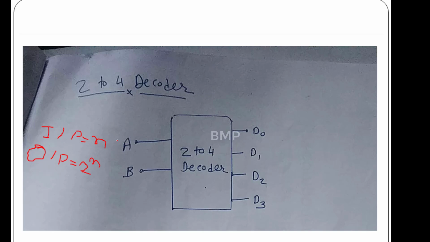So here our input lines are A and B, and the 4 output lines D0, D1, D2 and D3 are the output lines of the 2 to 4 decoder. Let's see a truth table and a logic diagram for the 2 to 4 decoder.